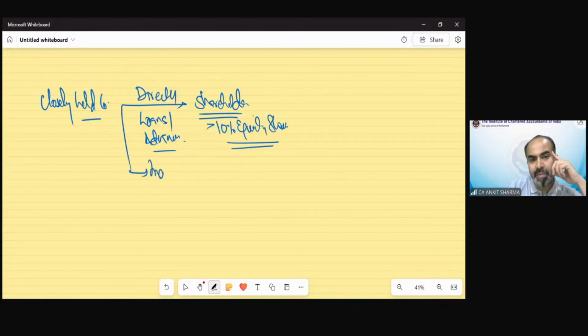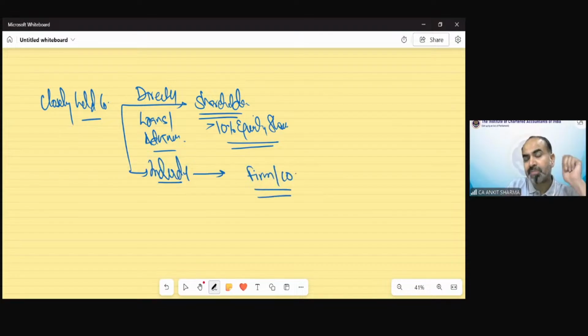How indirectly? If this closely held company gives loans or advances to a partnership firm or a company in which this shareholder, who has 10% or more equity shares, is a partner or a member and having substantial interest.